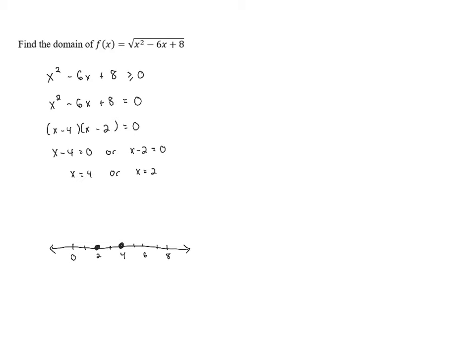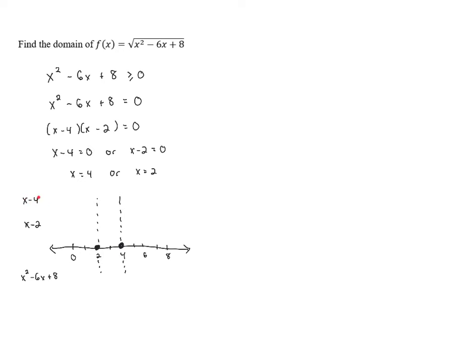And then to figure out which intervals here are going to be a part of our solution, we have to make a sign chart. So we'll take each of the factors that we have here, x minus 4 and x minus 2, and we'll figure out the signs for each of those, and that will allow us to figure out which intervals the expression x squared minus 6x plus 8 is positive or negative on.